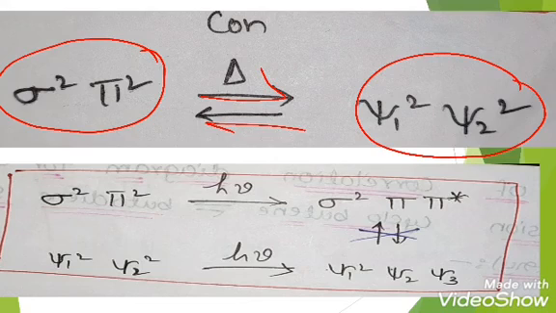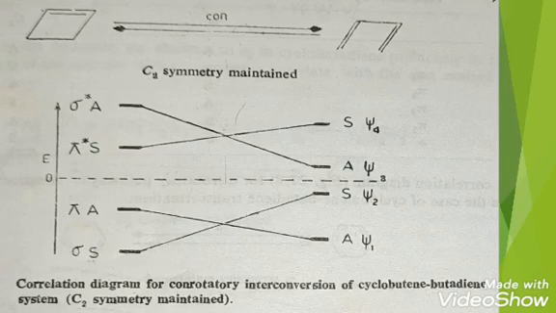Coming to the next point, the first excited state of cyclobutene correlates with the upper excited state of butadiene, thus making it a high energy symmetry forbidden process.